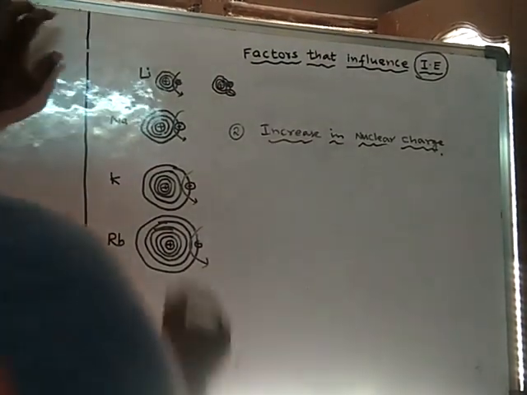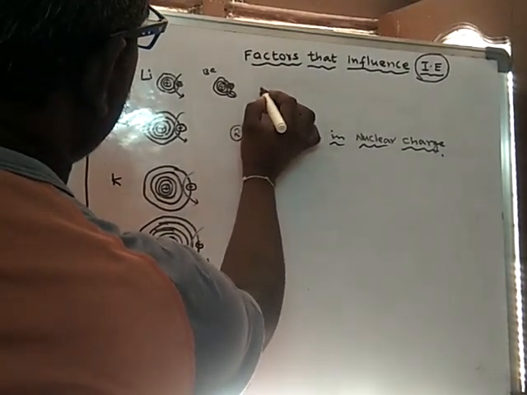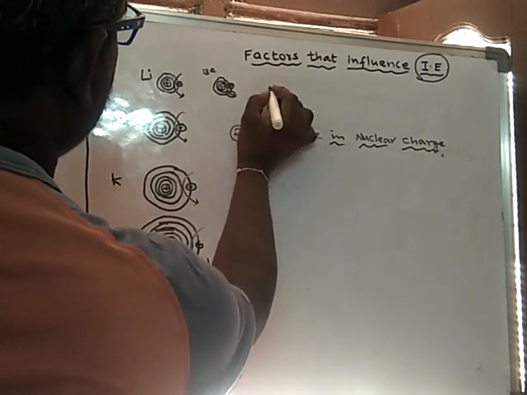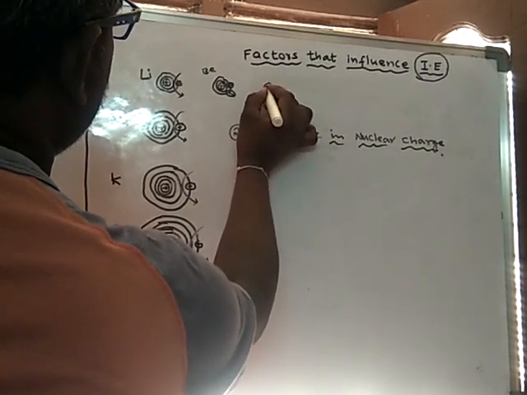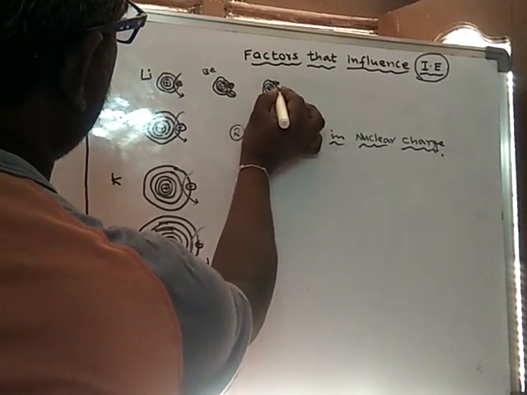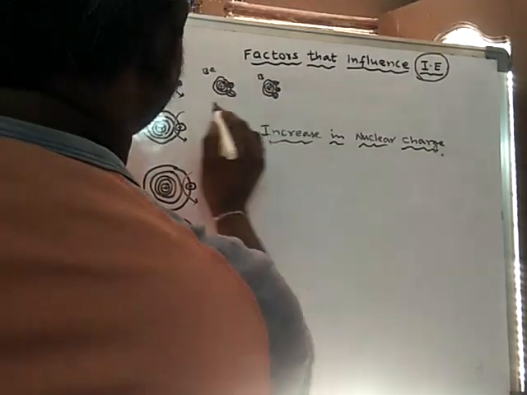In lithium there is only 1 electron in the outermost orbit. In boron there are 3 electrons in the outermost orbit.